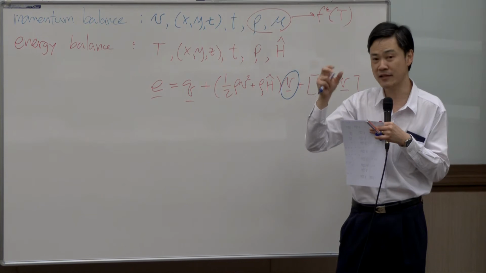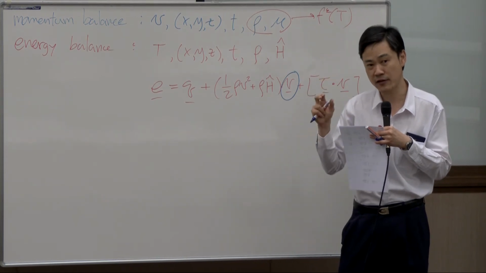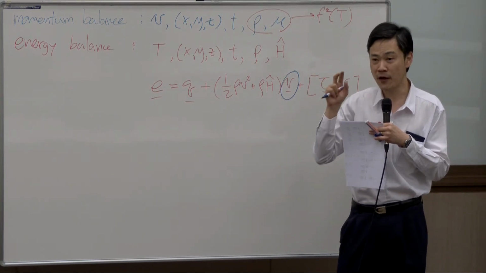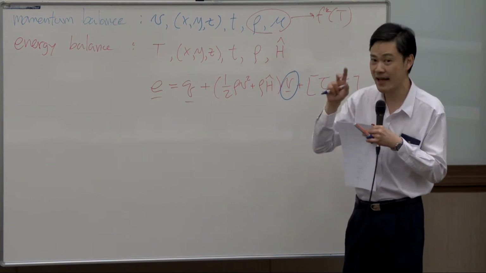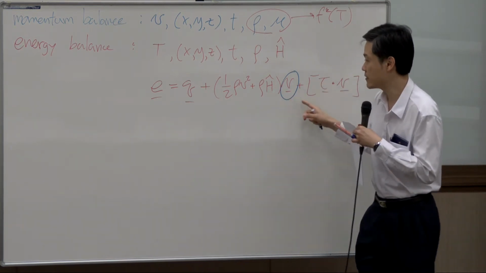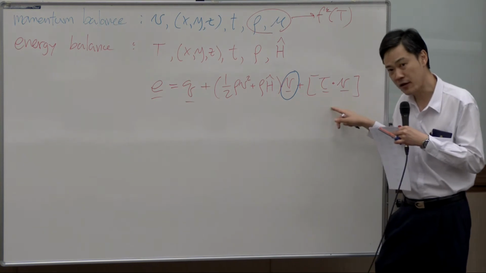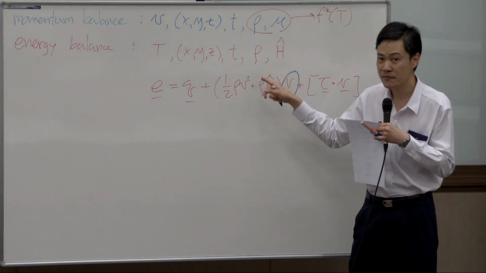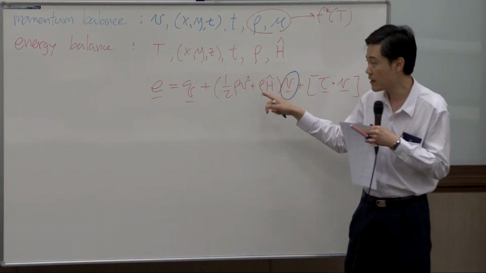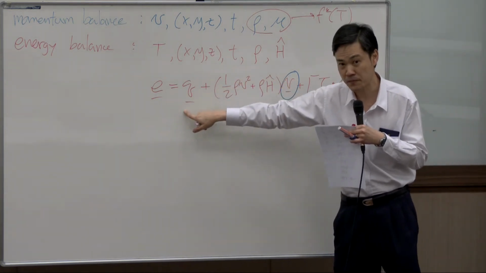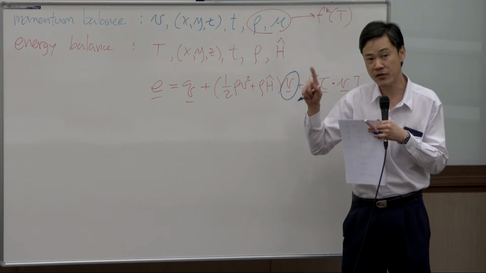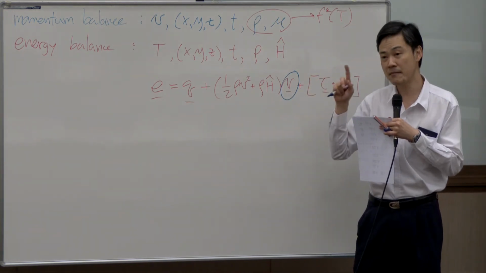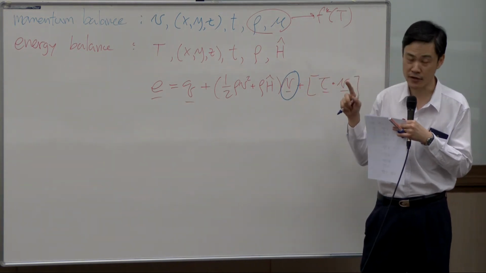The difference in density does not cause high velocity. So if velocity is low, then I can assume, if you look at the combined flux here, that this term, the convection term, is not so significant compared to the conduction term. So in terms of energy transport, the main mechanism is still conduction.